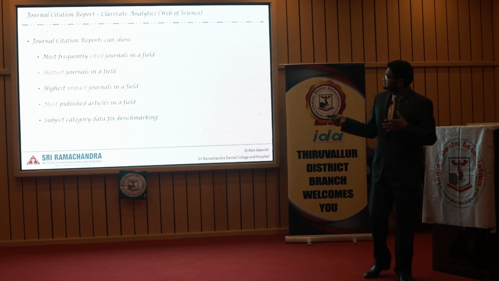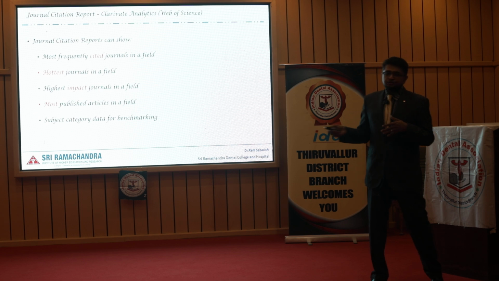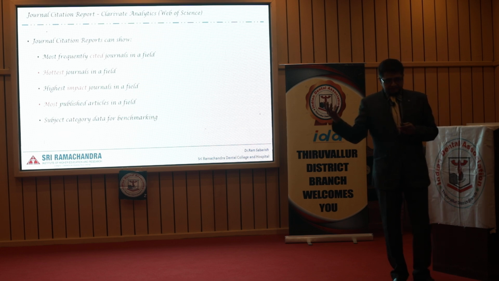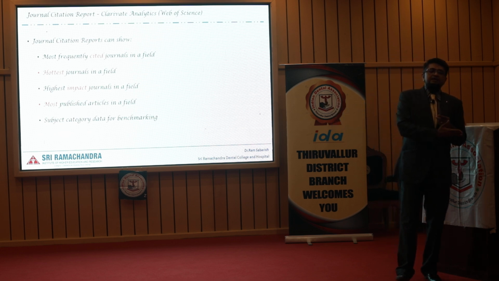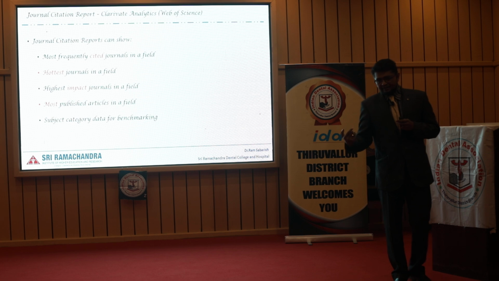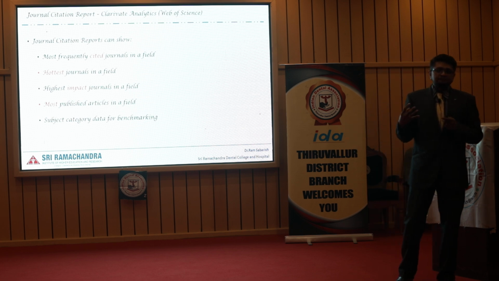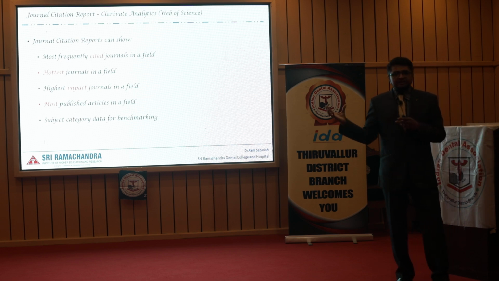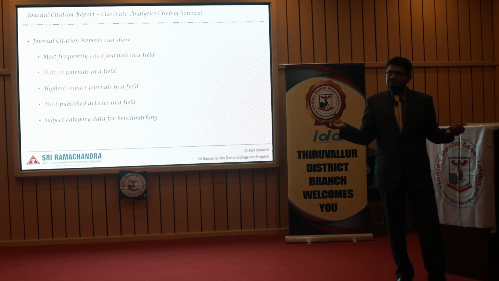The Journal Citation Report shows the most frequently cited journals. Say I have an article that is being cited 20 times, compared to another article which has been cited once or twice. Does that directly mean one is super and another is poor?